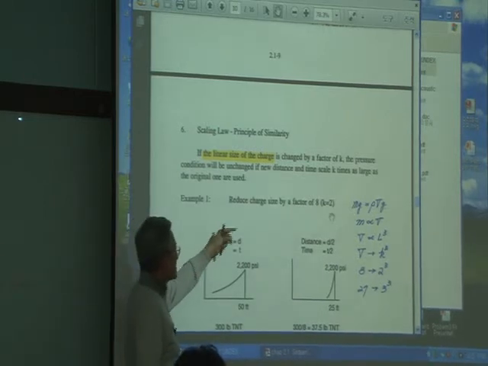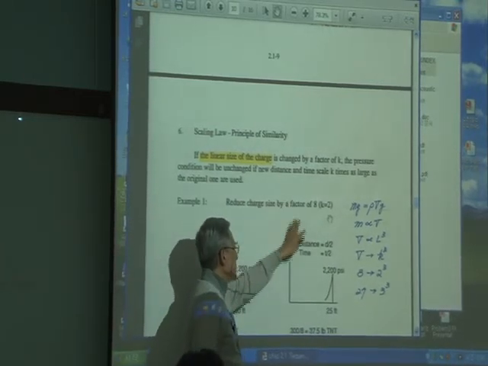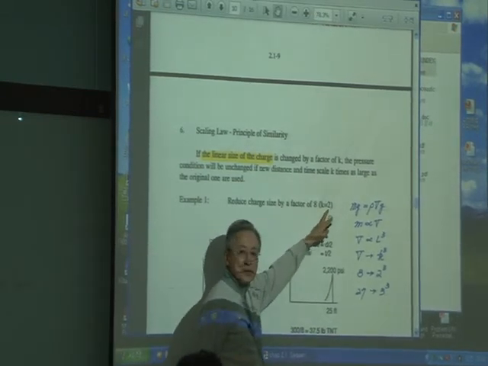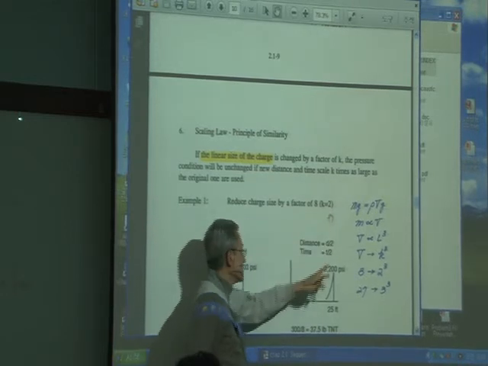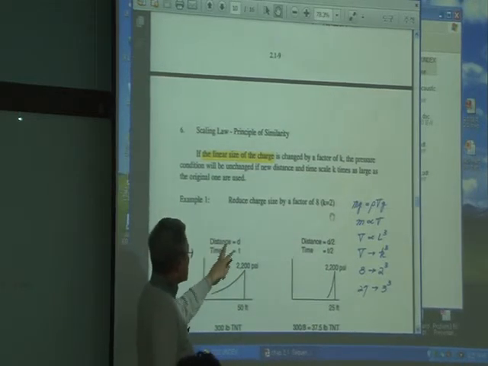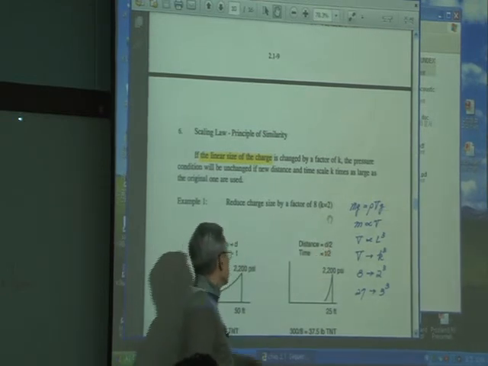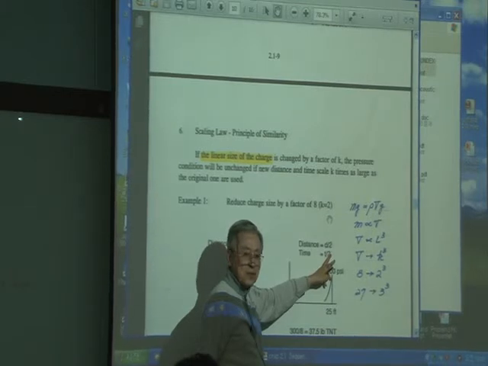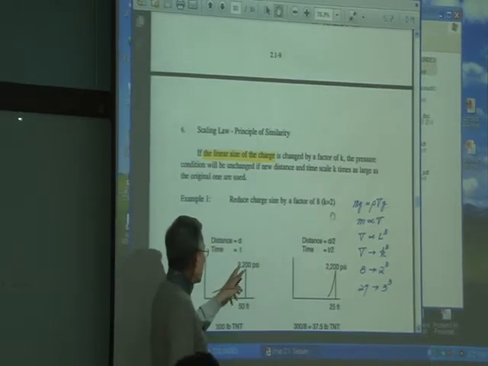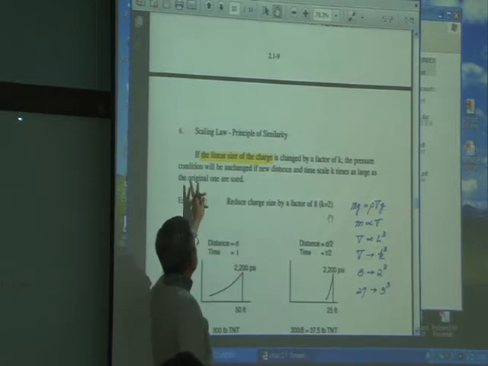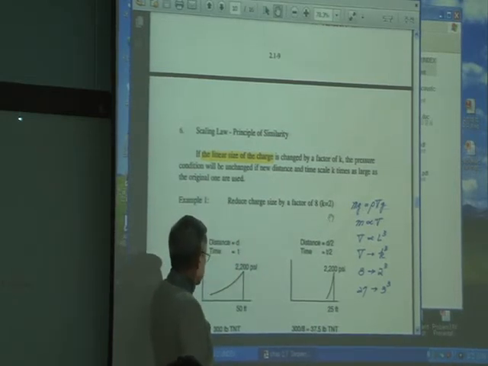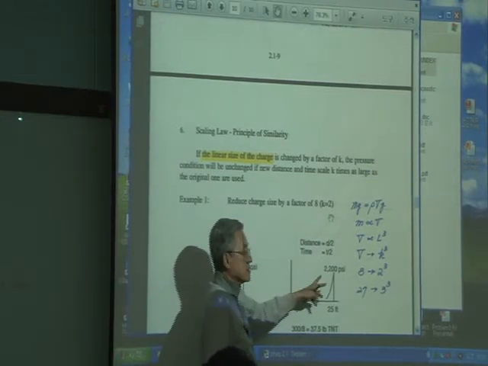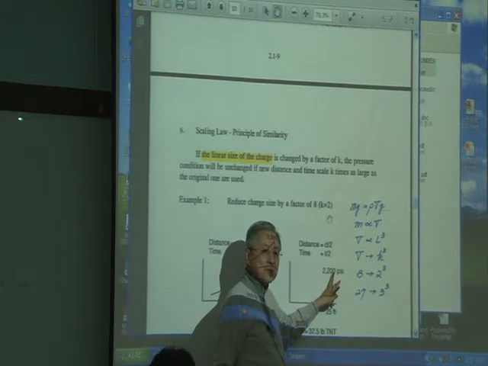So in this case, reduce the charge by a factor of 8, then the K is 2. Right, 2 cubed. So if you change the distance by a factor of 2, divide the time by 2. Then the pressure condition: if this is the original 300 pound charge, 2200 psi, I still have 2200.